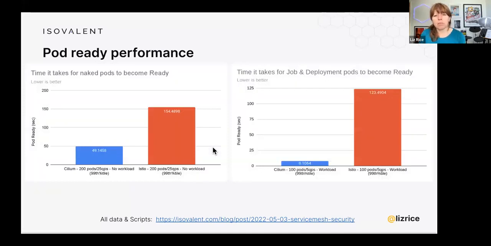And I think probably the most striking difference is that pods become ready much, much more quickly because they don't have to wait for sidecar proxies to be ready as well as the application pod. That's made a significant difference in the tests that we've run, and we'd love to hear what you've been seeing in terms of performance as well.